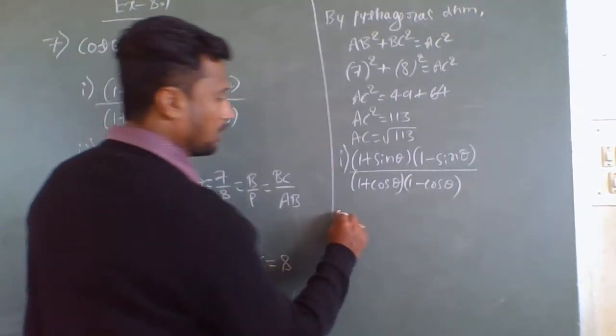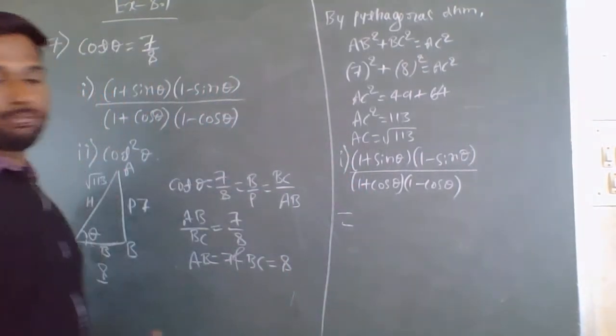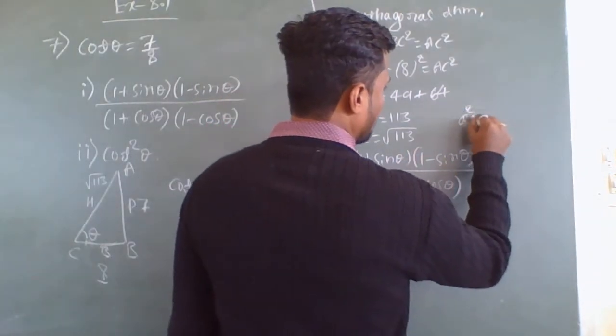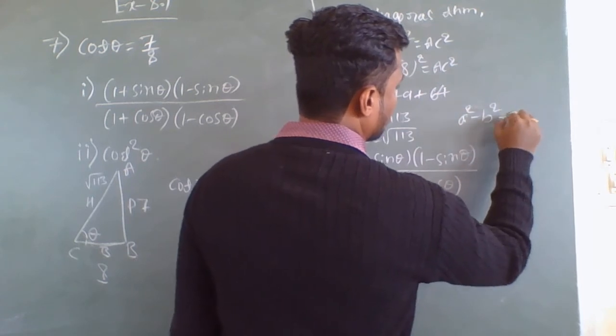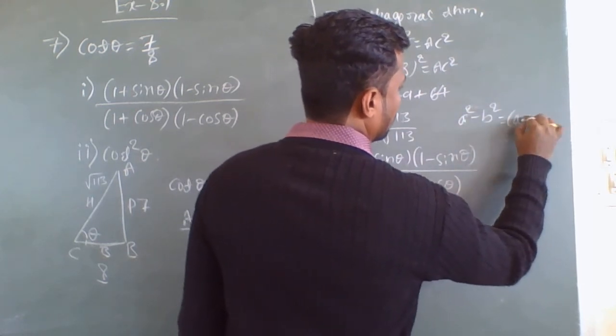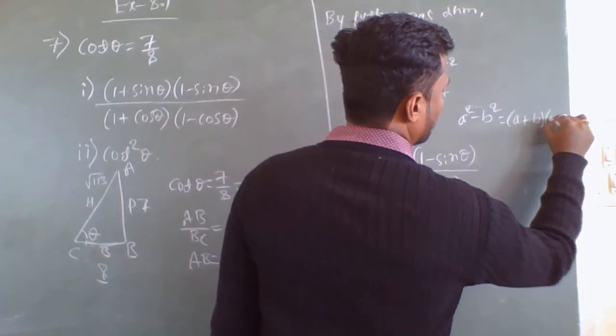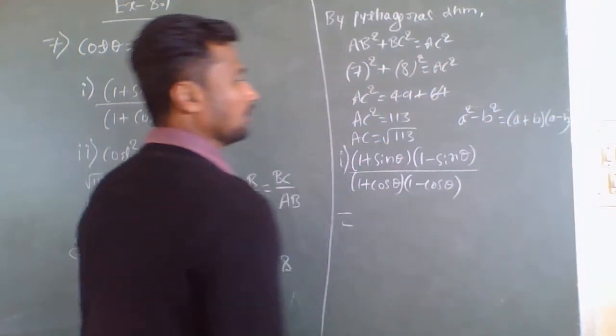So the formula is a square minus b square. We know that a square minus b square equals a plus b into a minus b.